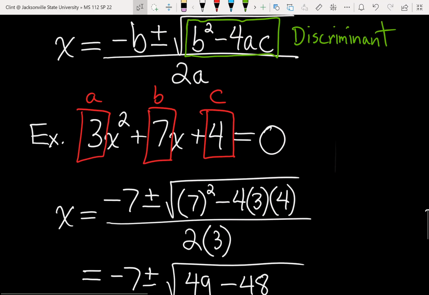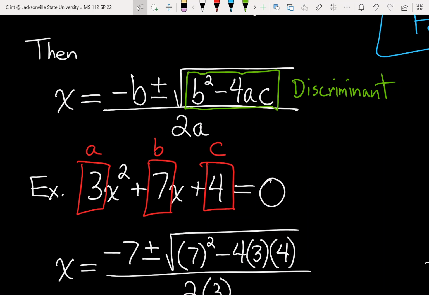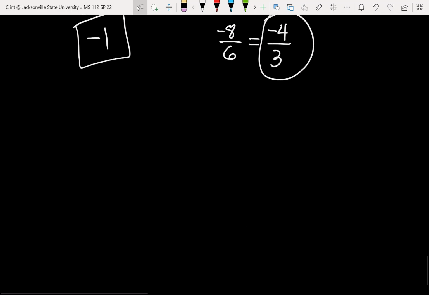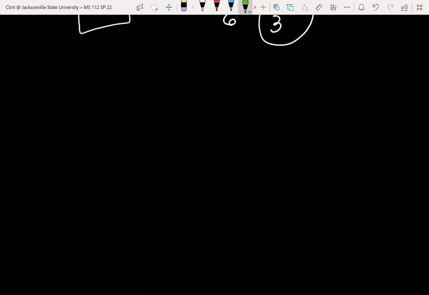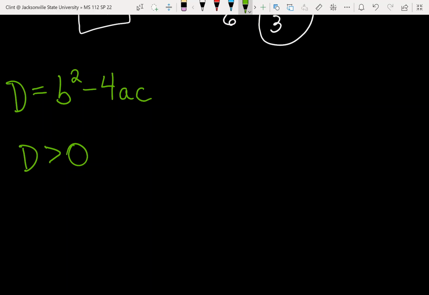So the discriminant is b squared minus 4ac, and just to make it easy, I'm going to call that d for discriminant. So if our discriminant is positive, bigger than 0, we'll have 2 real solutions.